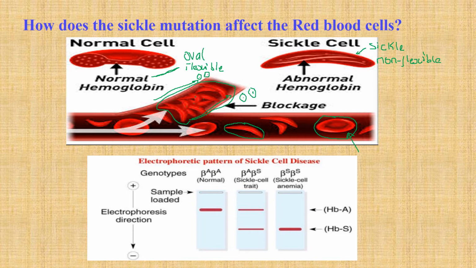Okay, so evolutionists will say that this sickle hemoglobin should have developed in the tropics.